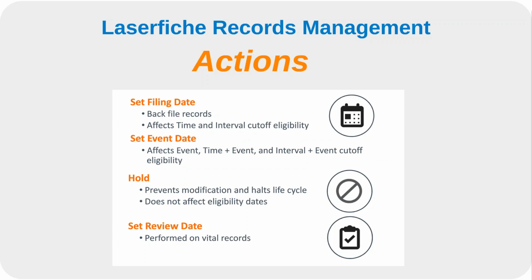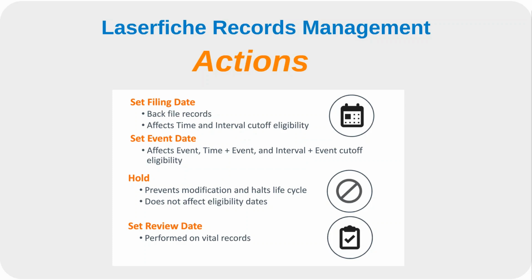All right. And then the last one here that we're going to talk about for records management actions is setting a review date. In Laserfiche, vital records are defined as records that need to be reviewed on a certain cycle. So if you have a record that is defined in Laserfiche as a vital record, you'll also need to set a review date.